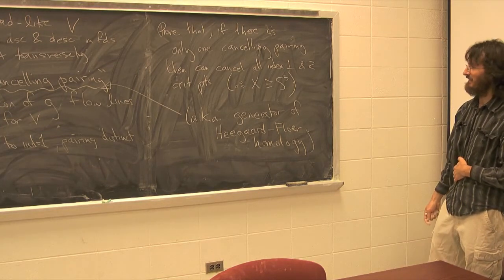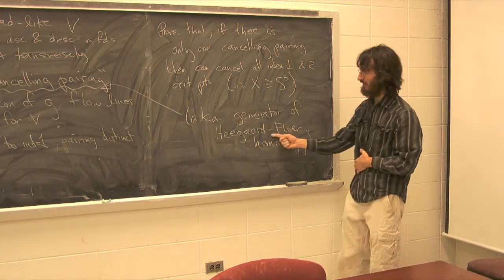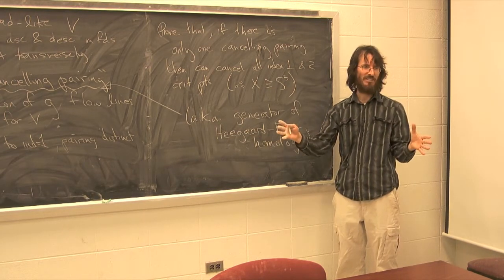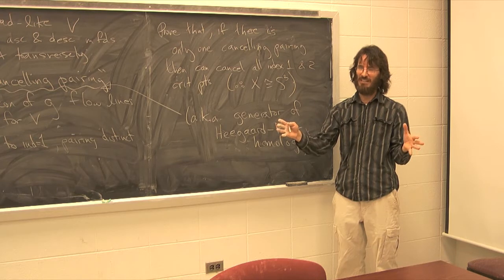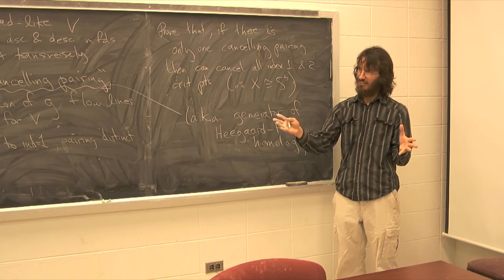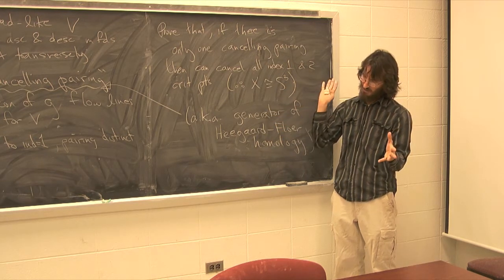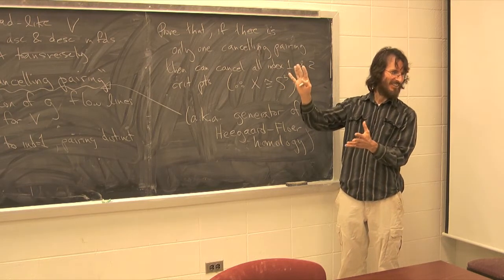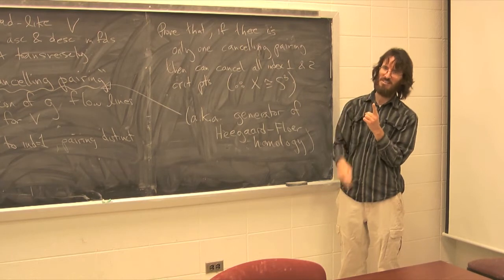And so this is just my philosophy of Heegaard Floer homology. Heegaard Floer has these things as generators. And the idea is somehow that if you could cancel these canceling pairings in pairs, so that you got down to only one, then it would be S3.